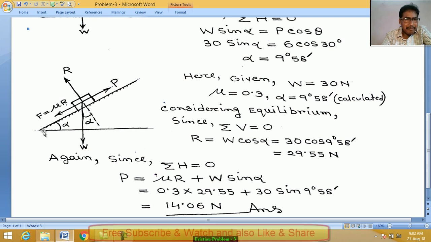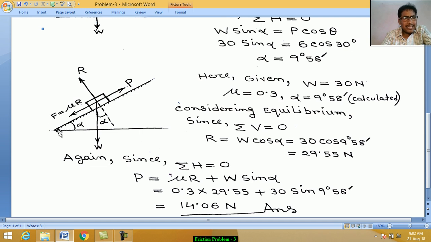This is rough inclined plane, inclined alpha degree with horizontal. We just found out value of alpha. P force applied parallel to the inclined plane.